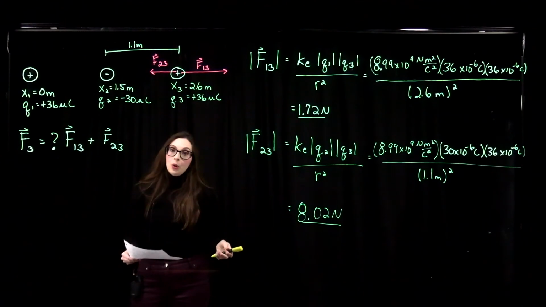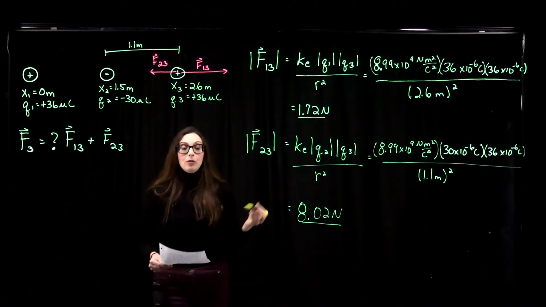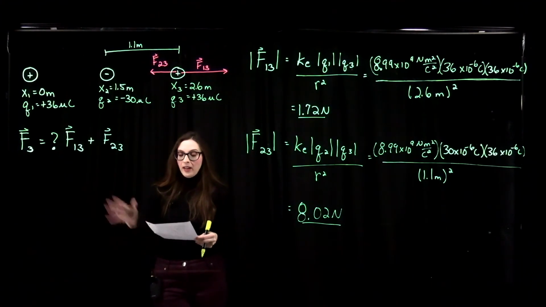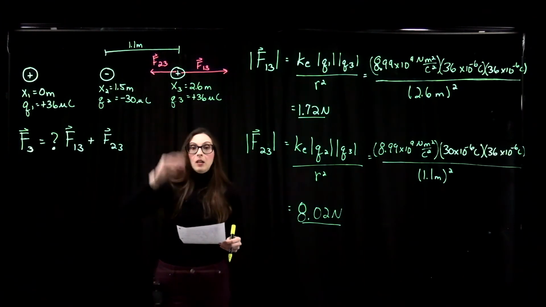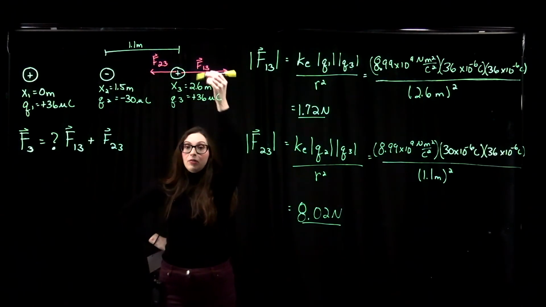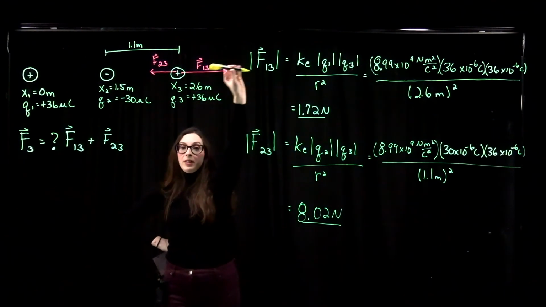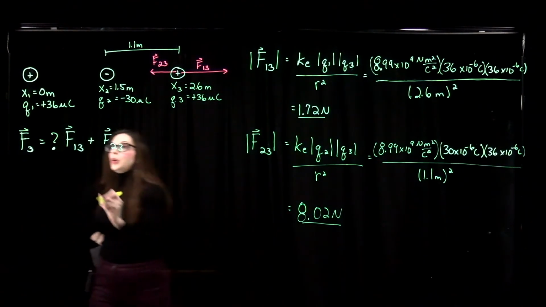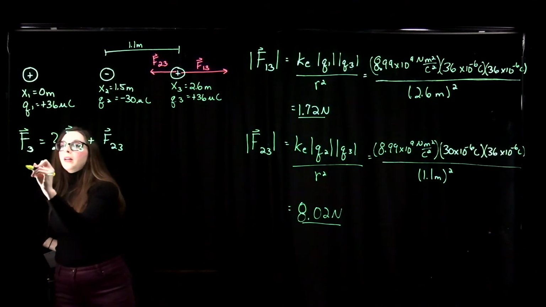You would get the question wrong if you added directly 1.72 and 8.02 newtons to find the net force on Q3. Because while F13 is positive, F23 is pointing in the negative x direction, so we have to put a minus sign on it. So we're all here just in the x direction.